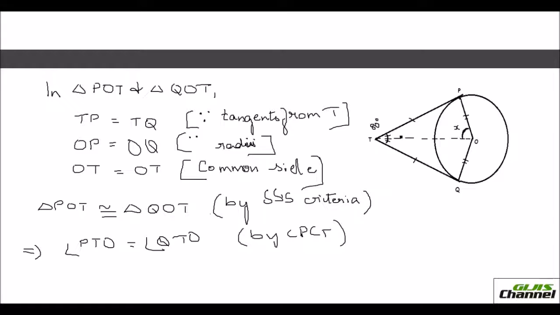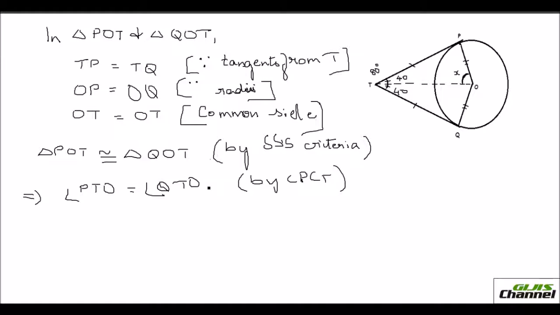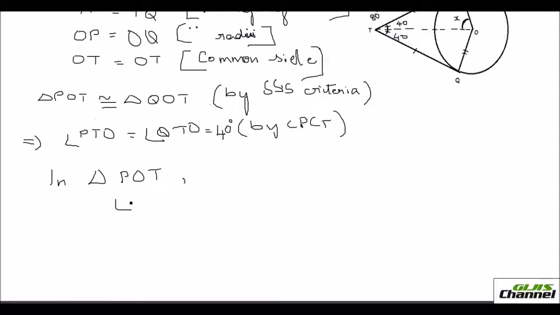So I can say that this angle would be 40 and this angle would be 40, right? So these both are equal to 40. Okay. Divide the 80 equally. In triangle POT, angle PTO is equal to 80 divided by 2, that's 40. Okay.